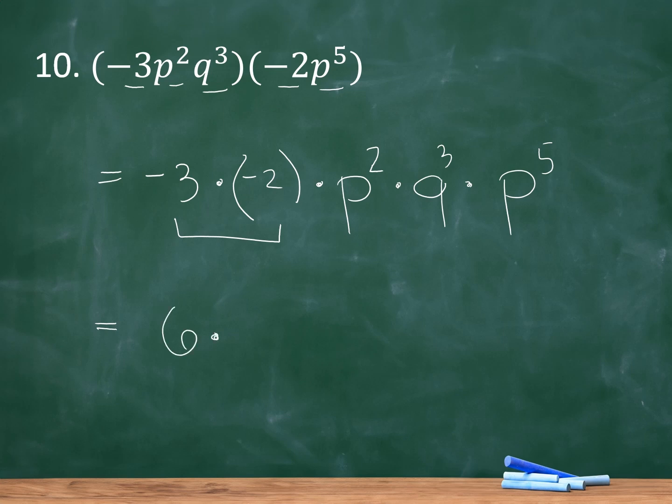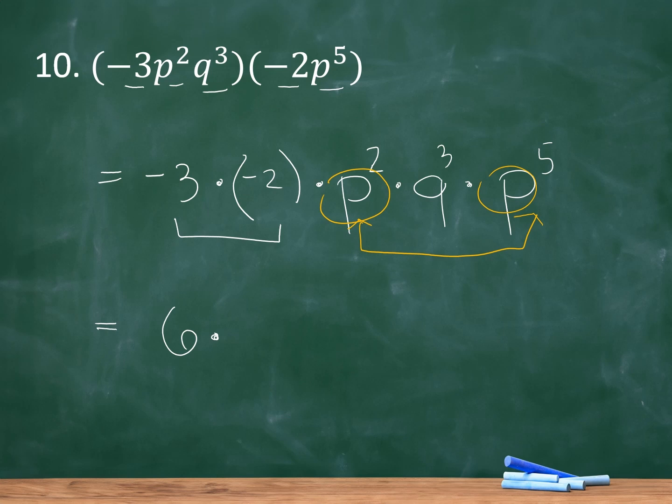Okay, now this time we will apply the concept of product of powers for p squared and p to the power of 5. We can do that because they have the same base, which is p.